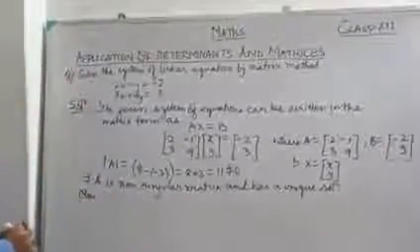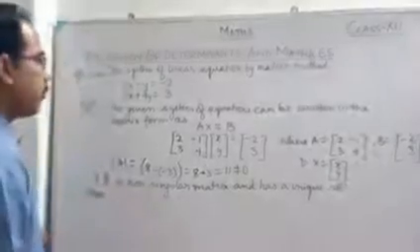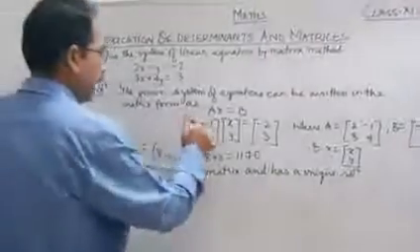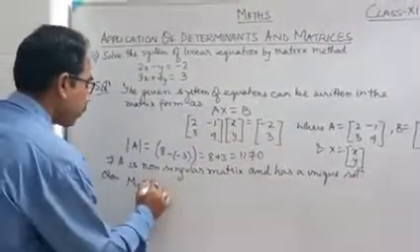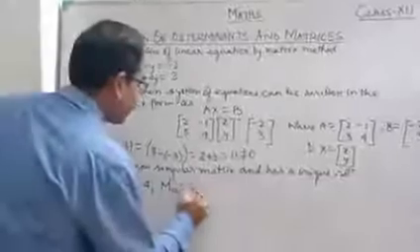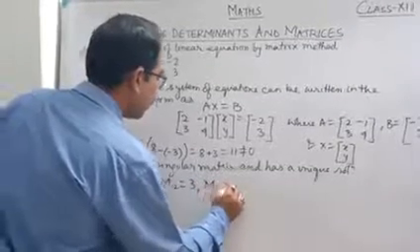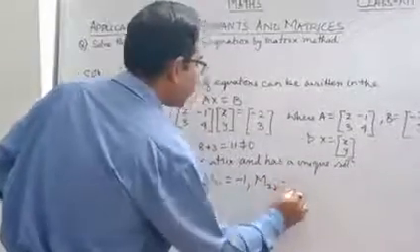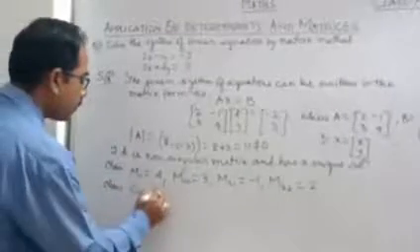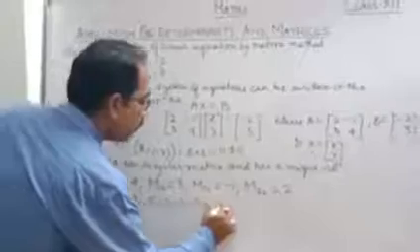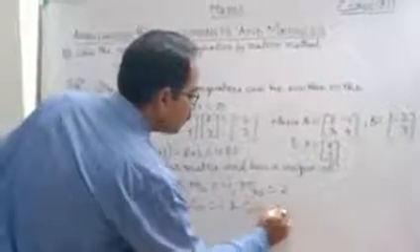So now what we have to find? We have to find the cofactors. Before finding the cofactors, we have to find the minors. So M11 from A will be 4, M12 will be 3, M21 will be minus 1, and M22 equal to 2. So now C11 will be 4, C12 will be minus 3, C21 will be 1 and C22 will be 2.